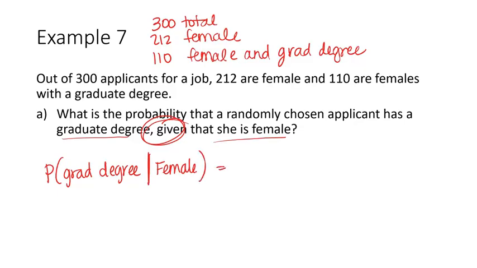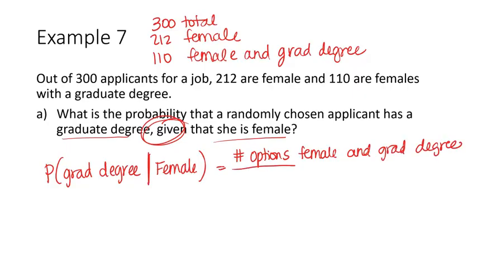Well, what the formula says, I look at the number of options where I put the two things together. I have female and grad degree. I put them together, divided by whatever was given. So in this case, the number of females. These problems, I'm going to be nice to you, and they will have already pretty much been in there.